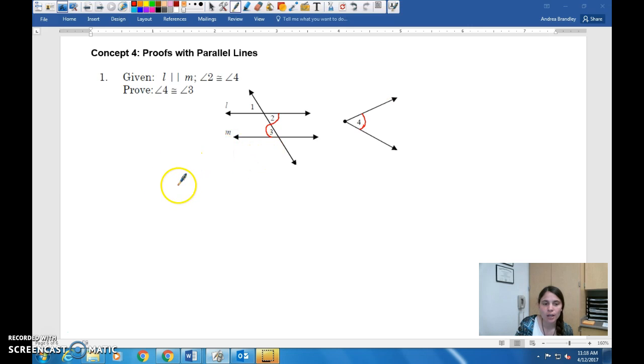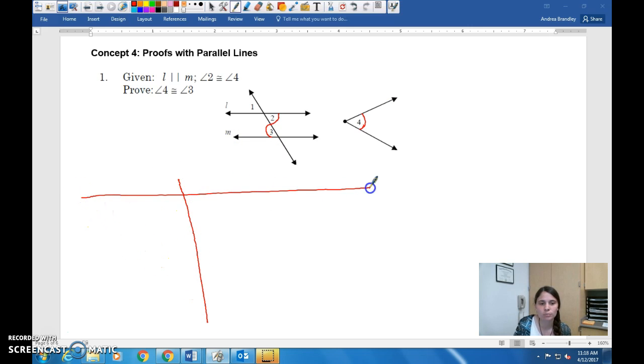The first is often called a two-column proof. So I'm just going to draw two columns. This column is our statement, and then this column is our reason. So I'm going to start with whatever was given to me.